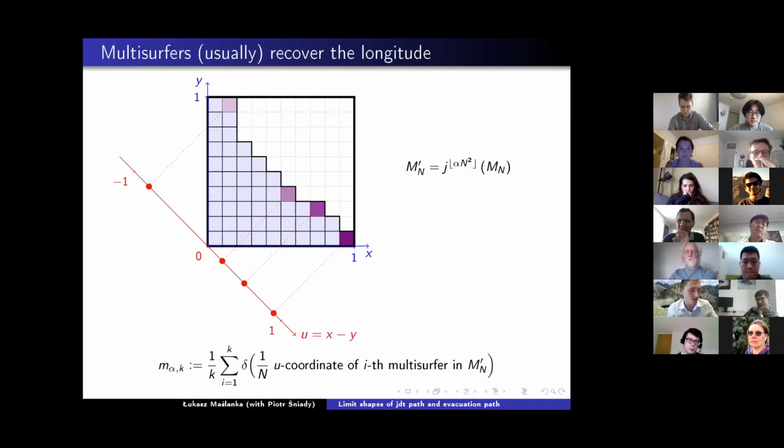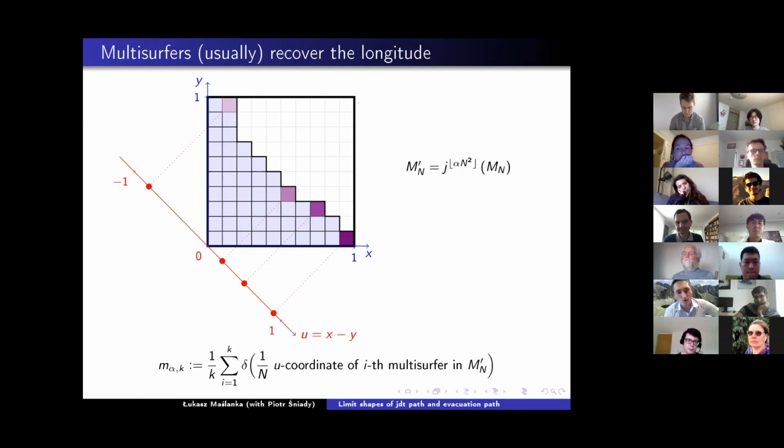So here we define a measure which is a sum of point measures of the u coordinates of the multi-surfers. We can see that if the number of the multi-surfers is bigger and bigger, then these points should gather in some way.